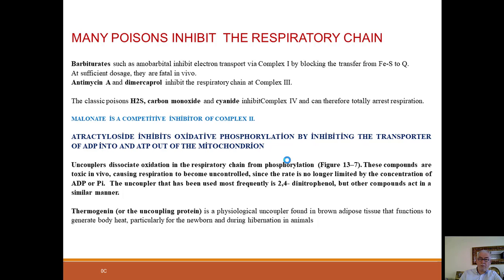It is a very important inhibitor of the transporter system. Another uncoupling protein is a physiological uncoupler named thermogenin, found in brown adipose tissue, that functions to generate body heat, particularly for the newborn and during hibernation in animals.